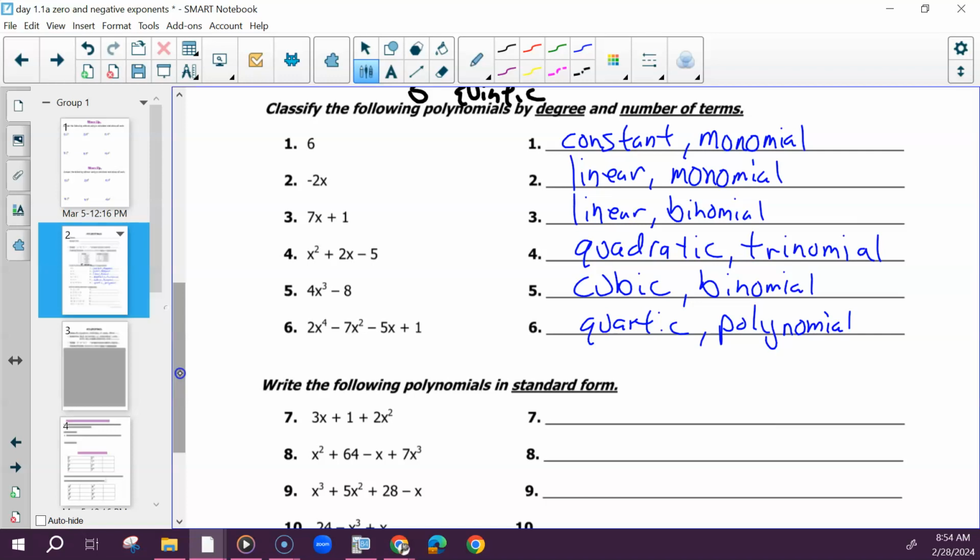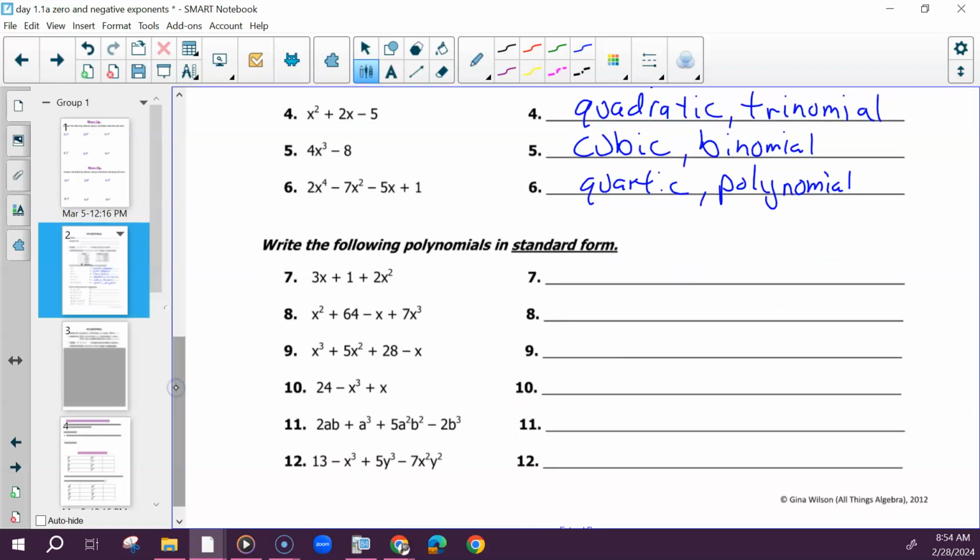Okay, moving on. Now we're going to rewrite these into standard form. So standard form, ABC order, highest exponent goes first. So number 7, we're dealing with just x's and a constant. The highest exponent goes first, 2x squared. And then it goes down in decreasing exponent order. So then 3x, and then 1.